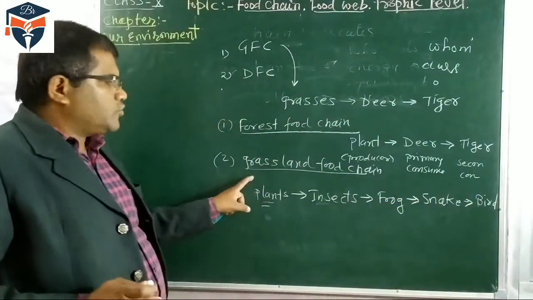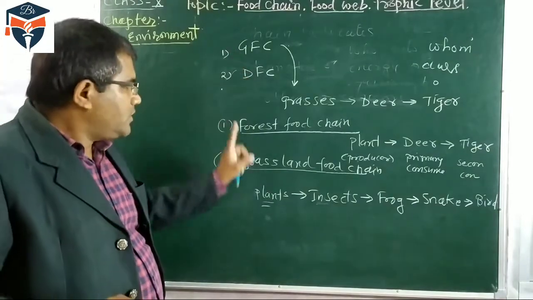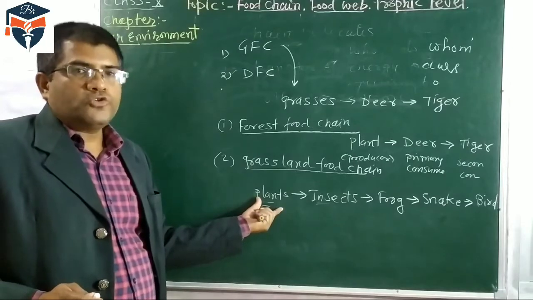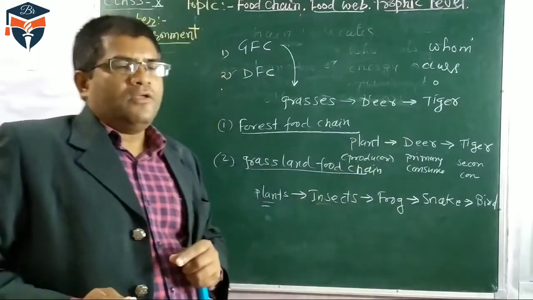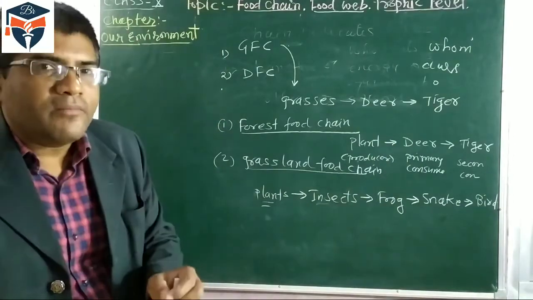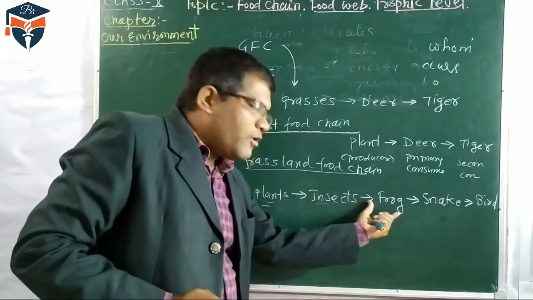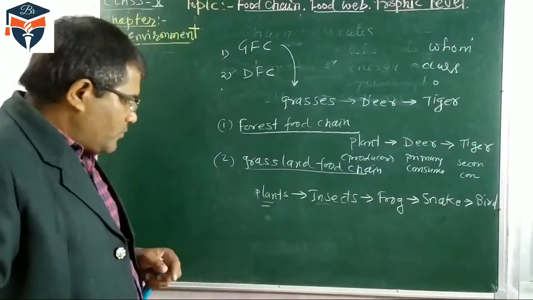This is also an example of the grazing food chain, because the producer is the main source of food and other organisms feed on it. In such cases the smaller organisms are fed on by larger organisms. For example, a frog is a large organism compared to an insect.